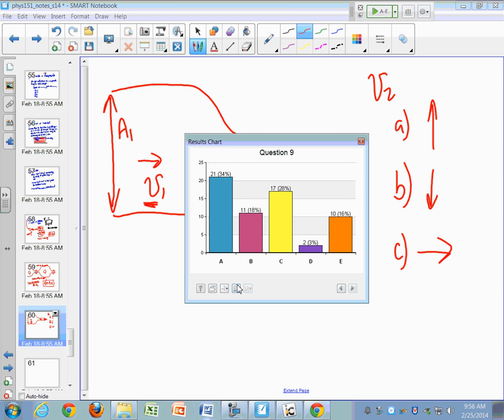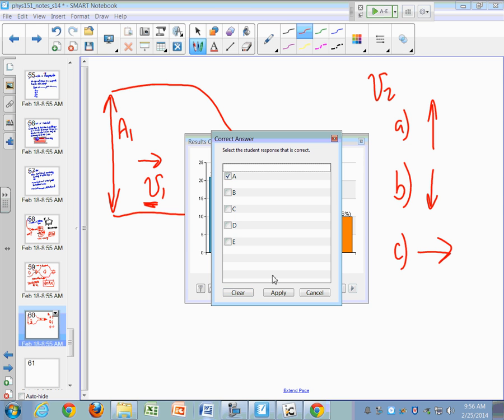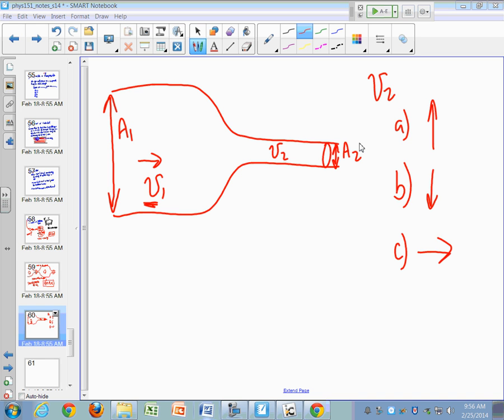A? A is right. Very good. You can witness this with a garden hose. You ever done this? If you squirt your brother or whatever with a garden hose, you put your thumb over the end, and you're changing which variable in the flow equation? When you put your thumb over the end, you're changing the area.